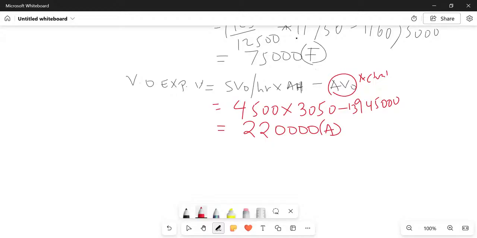Now you do the variable overhead efficiency. It's part of the game. The only thing is, when you are wrong, you shall never put a wrong in your book, especially if you're a family person, because a child who sees a wrong will make you go for correction, isn't it?